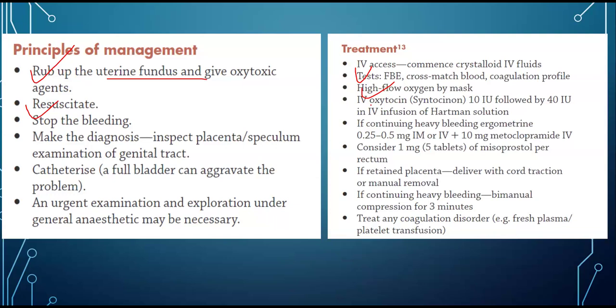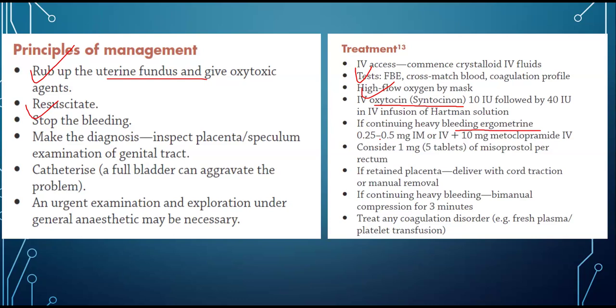You can also check very quickly the perineal area and episiotomy to make sure no bleeding is coming from there. You will also start IV oxytocin. And if IV oxytocin itself is not helping, then you will add IV or IM ergometrine. Okay, so that's usually up to where you need to know the management. There is a lot of management after that, but you don't need to know that.